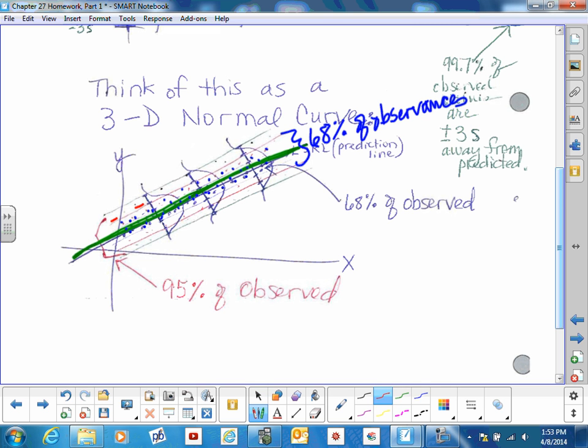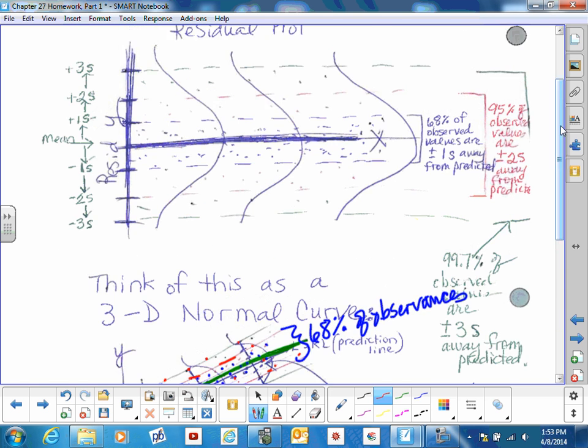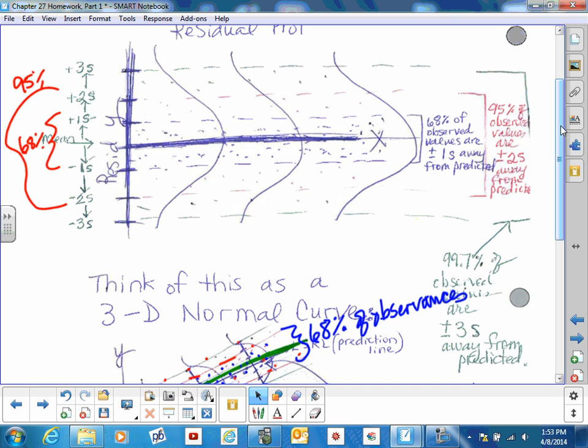If I go out 2 standard deviations, then that means I'm going to have 95% of observations contained within 2 standard deviations. So now, see this right here? We now have the ability to quantify what an outlier would be, where an outlier would be.